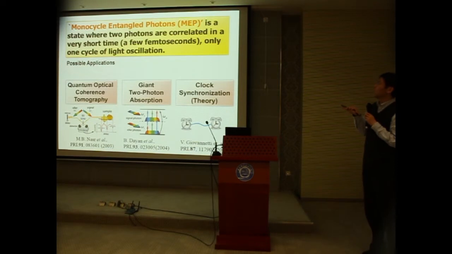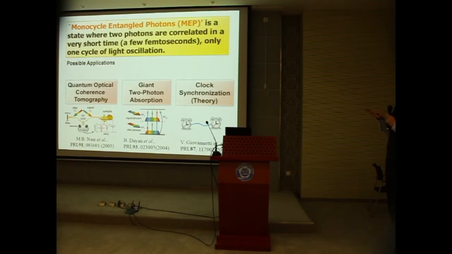Monocycle entangled photons is a state where two photons are created in a very short time, a few femtoseconds, only one cycle of light oscillation. And once this kind of state is realized, applications may include quantum optical coherence tomography or giant two-photon absorption, or may be useful for clock synchronization.